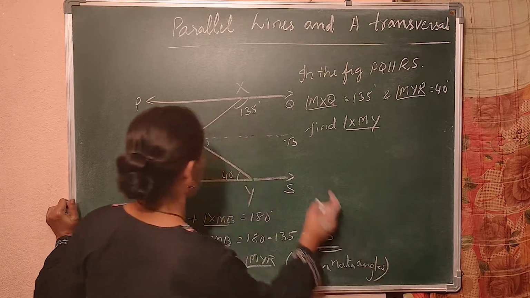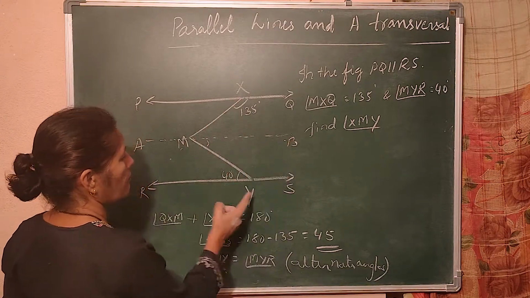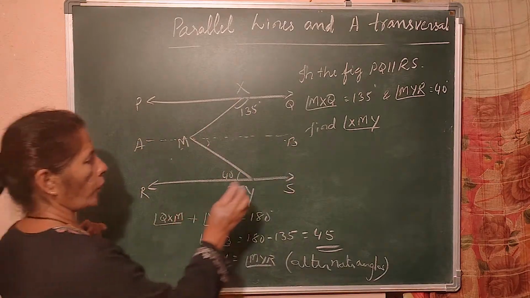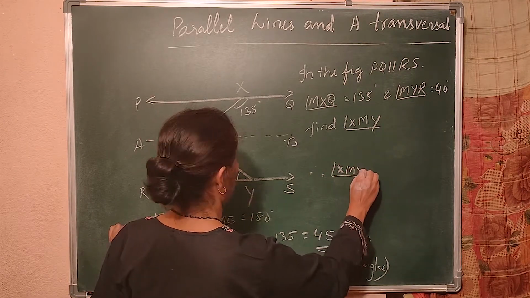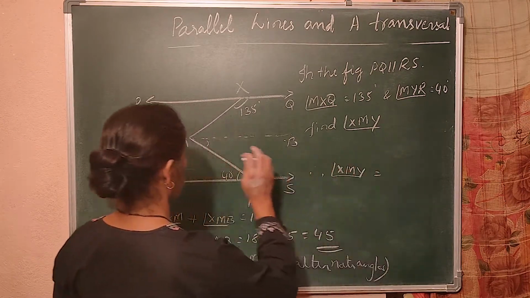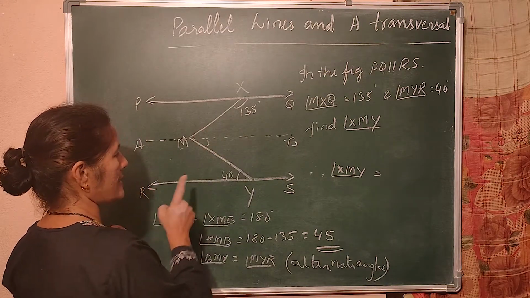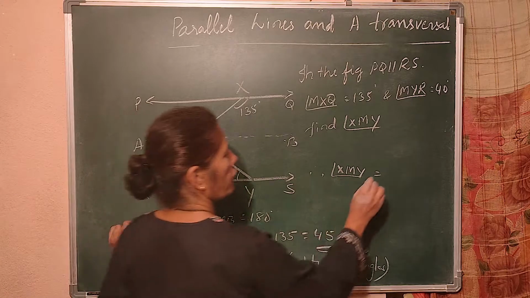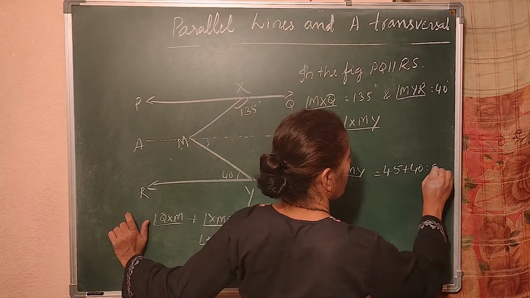See, we have divided this XMY into XMB and BMY. So therefore, angle XMY is equal to, here it was 45, here it is 40. 45 plus 40 is equal to 85 degrees.